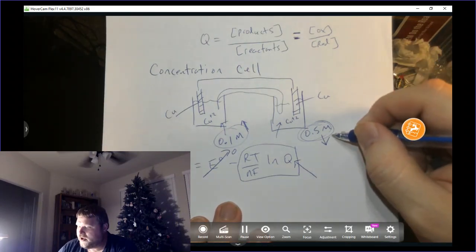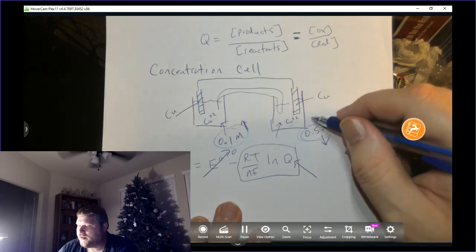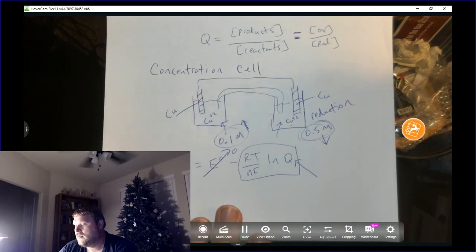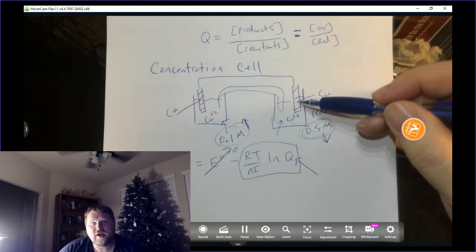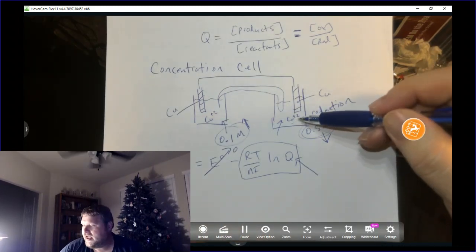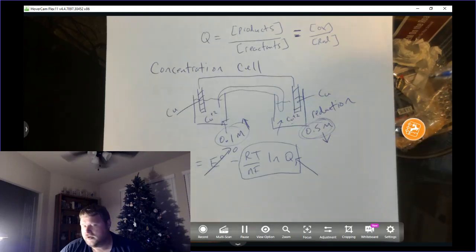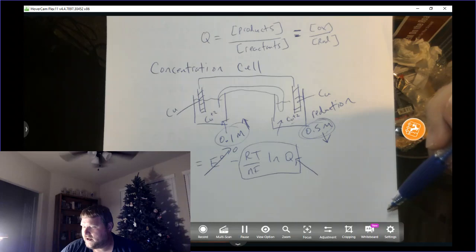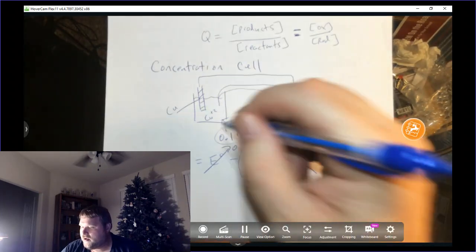So if this one's going to go down, we need to get rid of copper 2. So here we will see a reduction. And you'll see the copper electrode here gain mass as the copper 2 is reduced to copper. And that makes the molarity of the ion go down. And then over here, you're going to get oxidation.